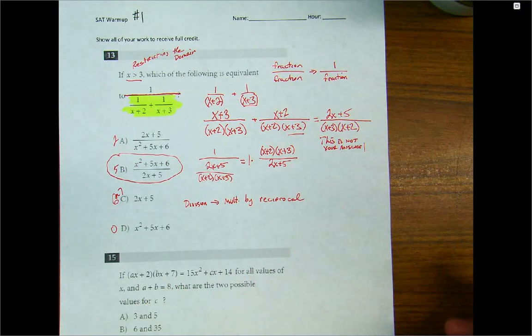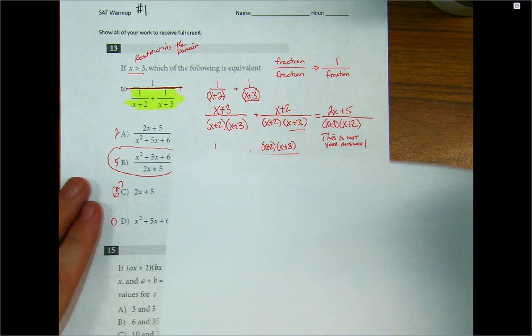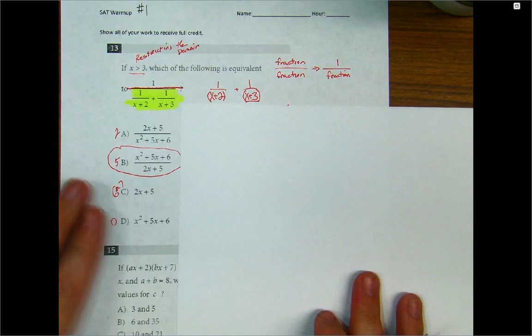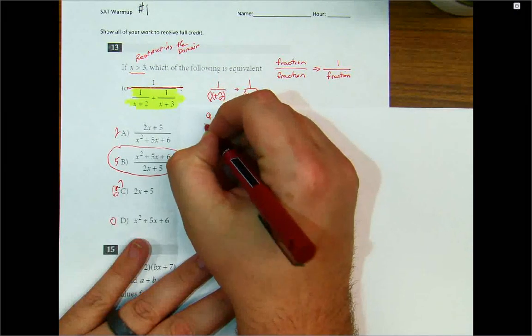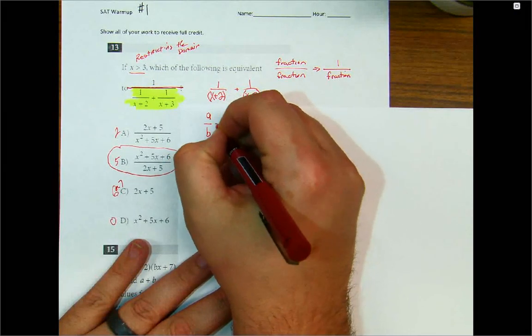Now, like I said, I want to show you a shortcut. Here we go. Now, a shortcut for this only works if you're going to add two fractions together.